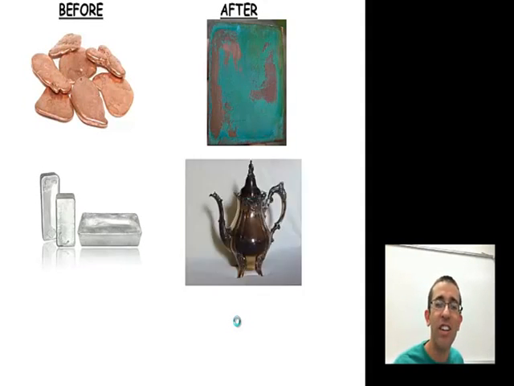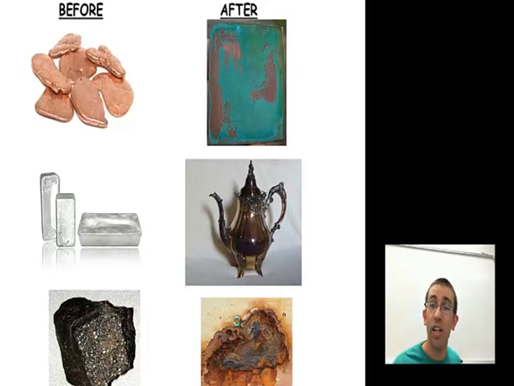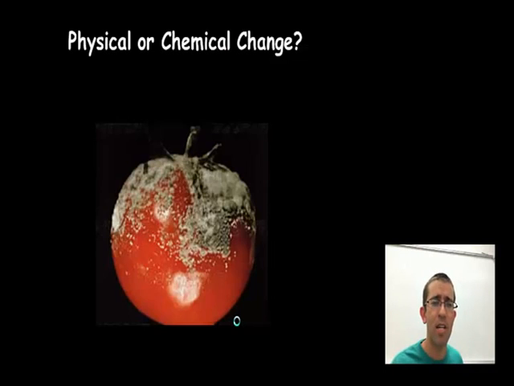We have silver here, and silver tarnishes, also reacting with oxygen, to form not so nice and silvery color anymore. It's kind of a brown, dull-ish color. We have some iron here, and this iron rust is also reacting with oxygen. Oxygen does a lot of things to chemicals. It reacts with a lot of things, so we'll talk about that a lot.